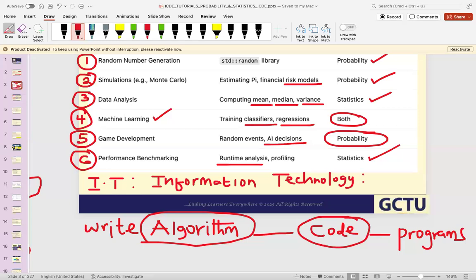Technology, in its simplistic definition, is the application of science to solve problems. Application of science to solve problems.